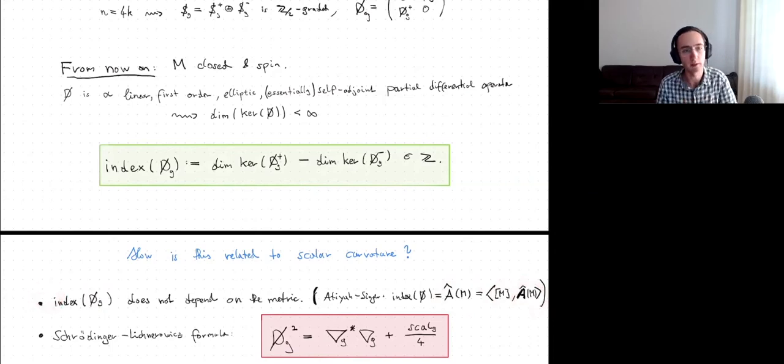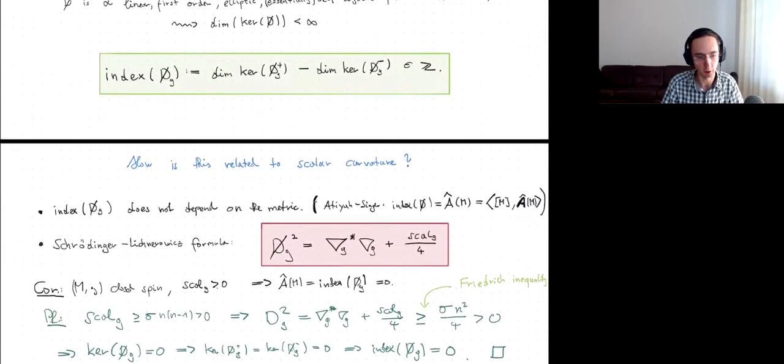And the second part is the Schrödinger-Lichnerowicz formula, which tells us that the square of the Dirac operator, the Dirac Laplacian if you want, is a connection Laplacian, as usual, plus a curvature term. And the curvature term you get here is precisely the scalar curvature. These 2 things together allow you to say something about scalar curvature using the Dirac operator.